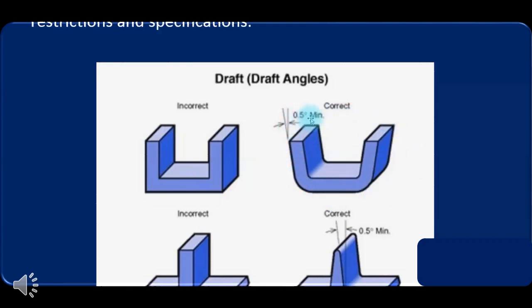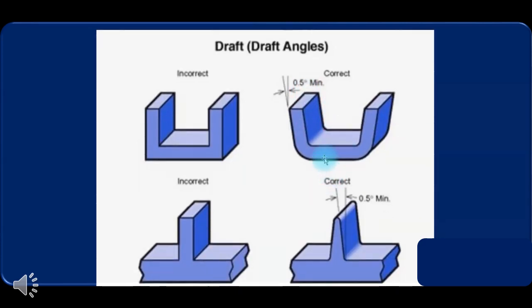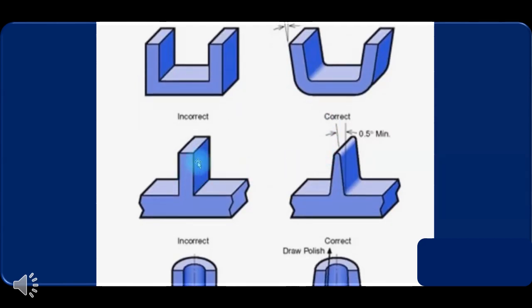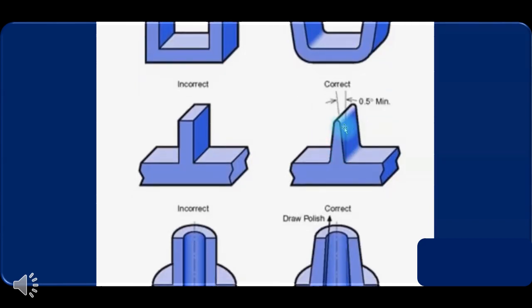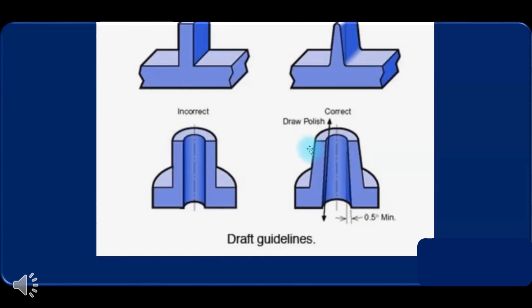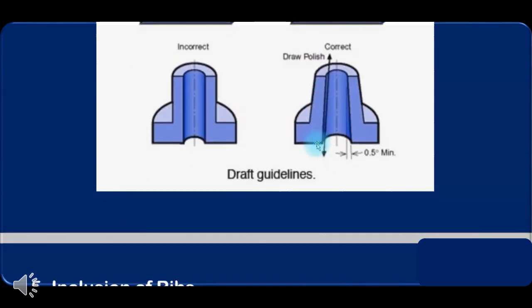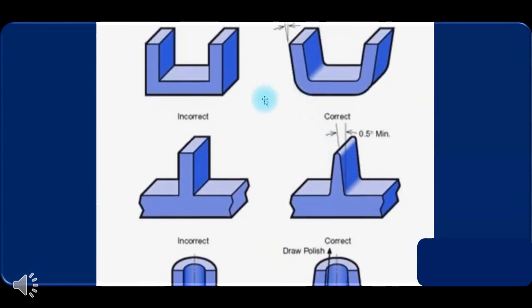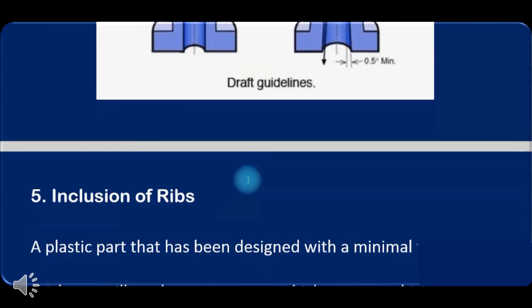This is a 0.5 degree draft angle provided on the plastic part. On the rib design, a 0.5 degree minimum draft angle is provided on the rib, and on the boss a 0.5 degree minimum slant angle or draft angle is provided. This is the total draft guideline.